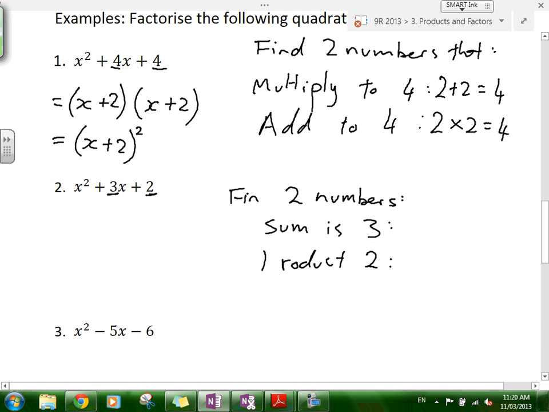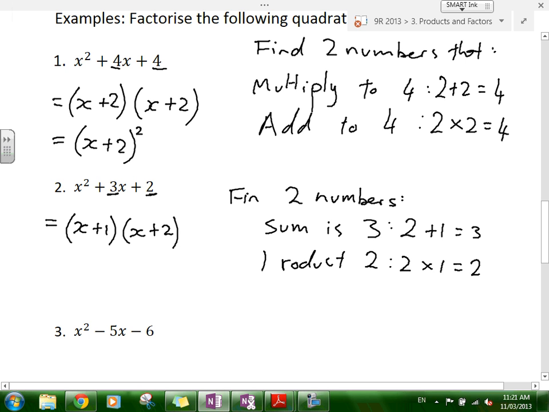So what two numbers add to become 3 and multiply to become 2? 2 and 1. So 2 plus 1 is equal to 3, and 2 times 1 is equal to 2. So the way that we factorize this is x plus 1, x plus 2. We've found the two numbers that add to 3 and multiply to 2, and that's the way we factorize it.